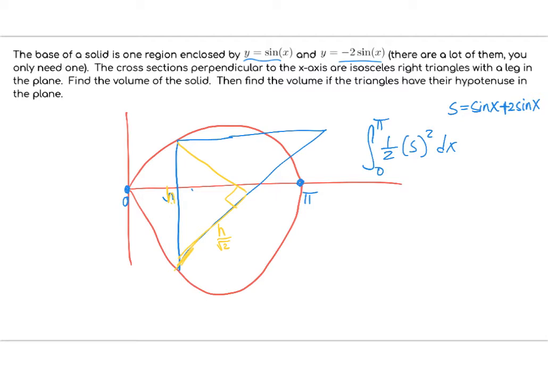So our side lengths now are going to be that 3 sine x from top to the bottom, divided by the square root of 2. That means that my integral for this one is going to go from 0 to pi, 1/2 stuff squared, and it's going to be 3 sine x over the square root of 2.